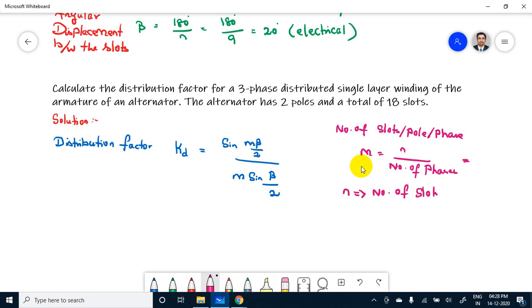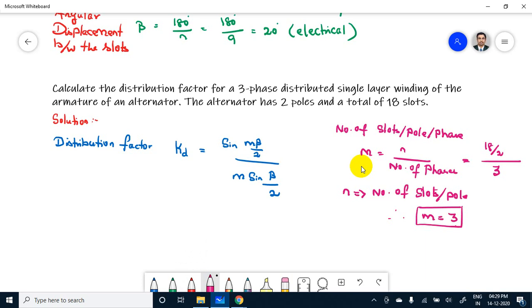How many slots are there? 18. How many poles? 2. The whole divided by number of phases, how many phases? 3. Therefore m equal to 3.